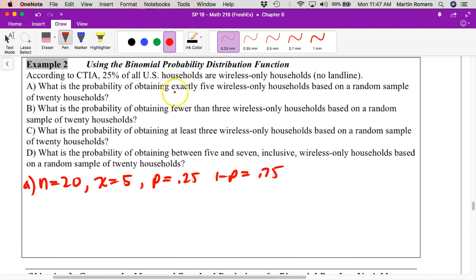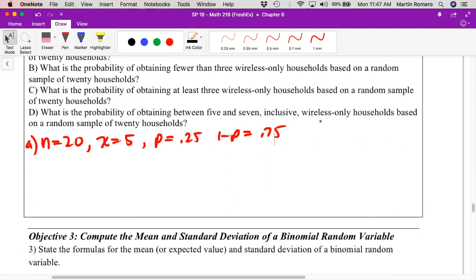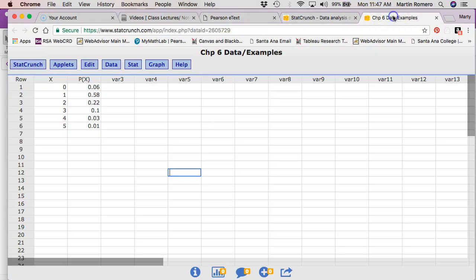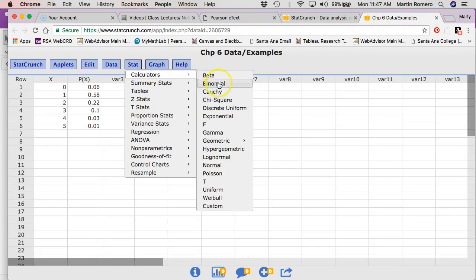We would either plug into that complicated formula or go to StatCrunch. We're going to follow these instructions right here. Stat, Calculators, Binomial, and we have our values to plug in. The key thing here is identifying if it's a binomial probability experiment.